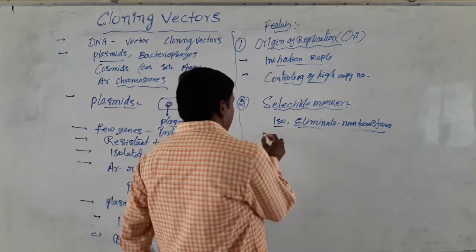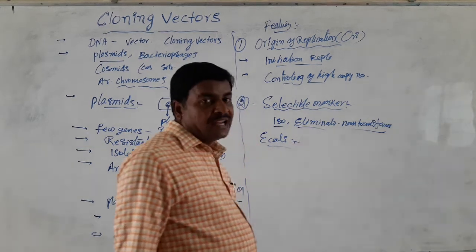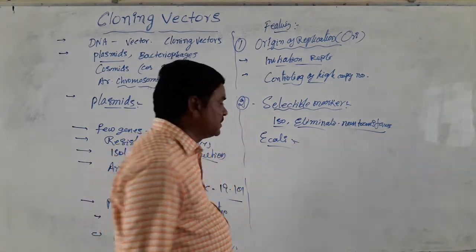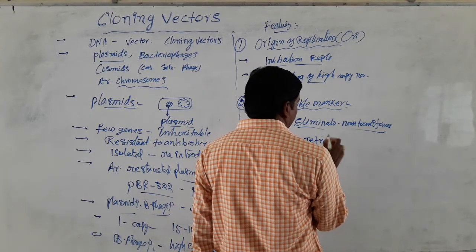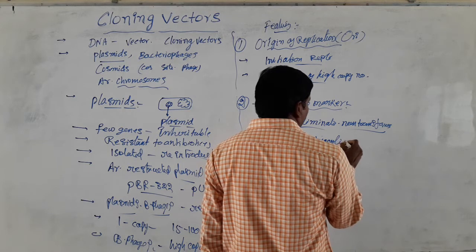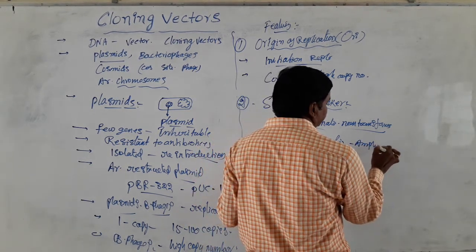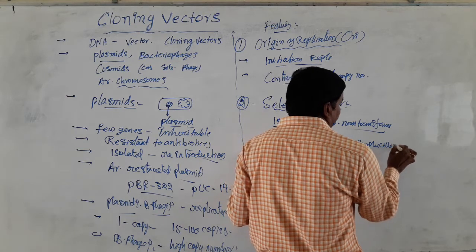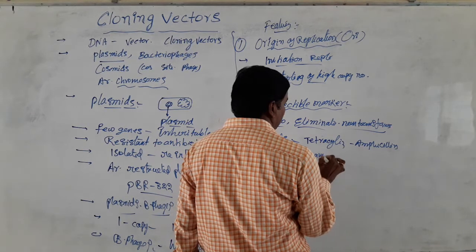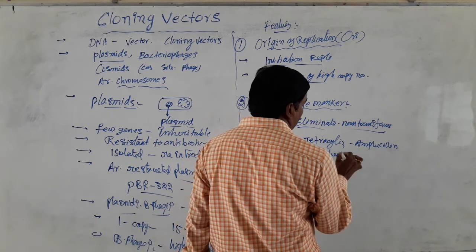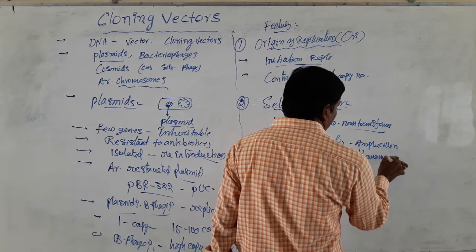Generally, in case of the E. coli host, antibiotic resistance genes are used as selectable markers, that is tetracycline, ampicillin, chloramphenicol and kanamycin.